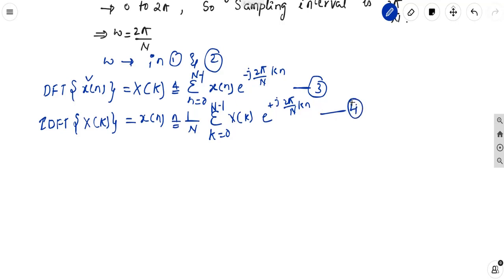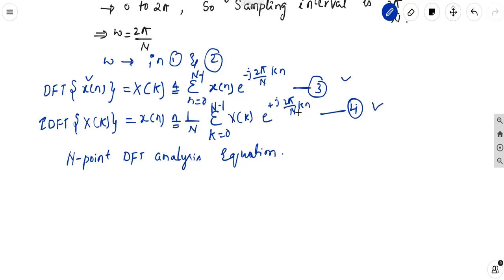Now equation 3 is known as the N-point DFT analysis equation. If you see the sampling theorem and reconstruction we have done, equation 3 is equal to this, and reconstruction equation 6 is equal to this.